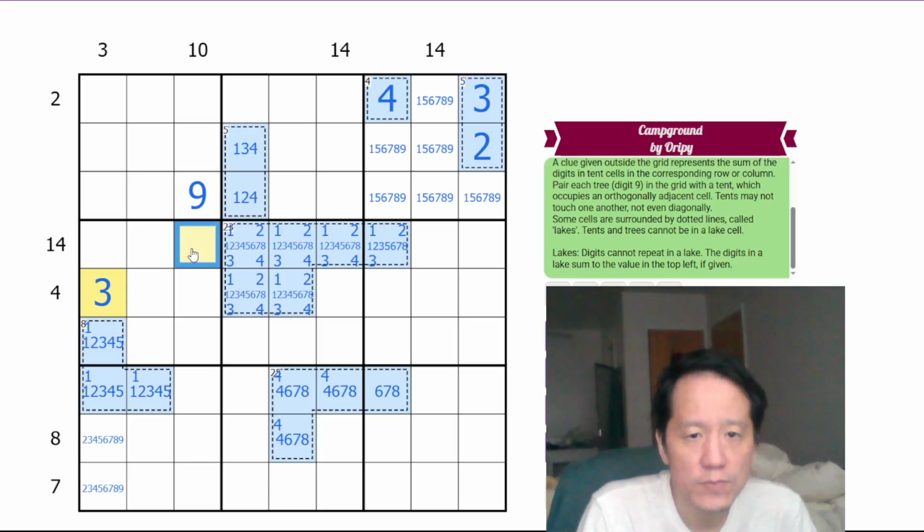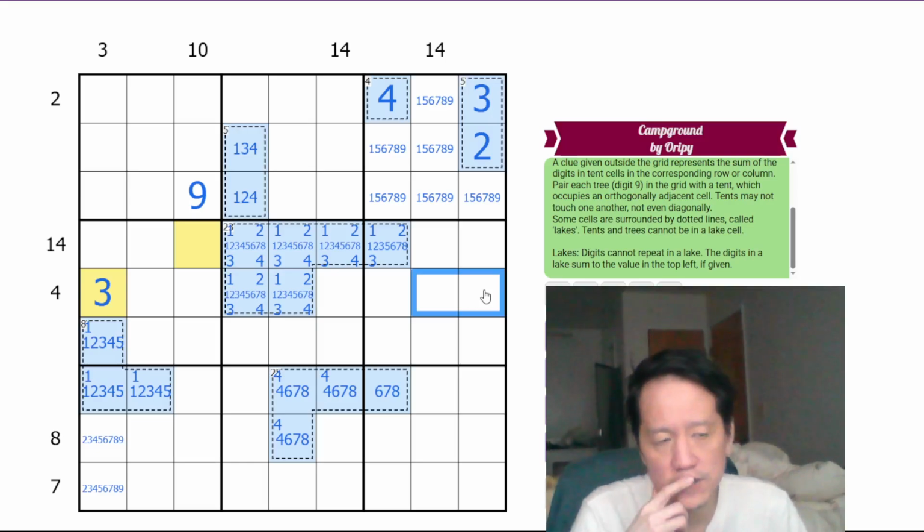And then one of these 2 would be a tent, so it would be next to a 9. And the 9 could not be here. It would have to be here, if that's the case.